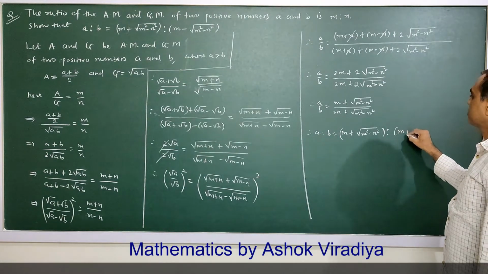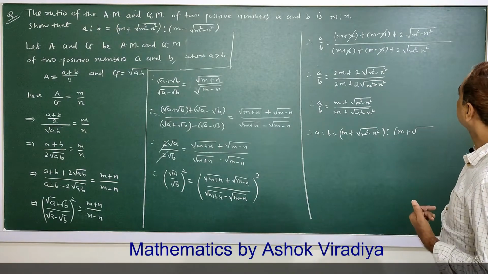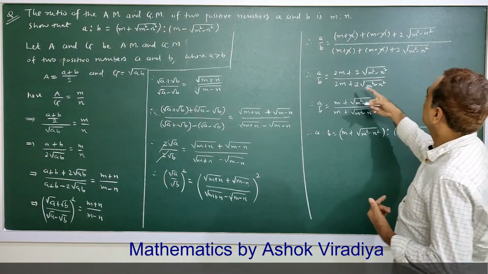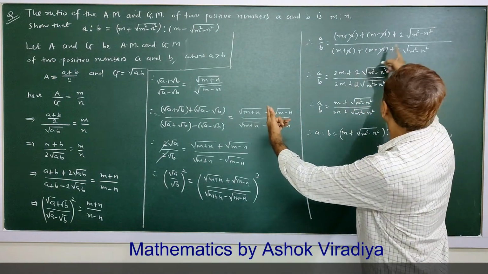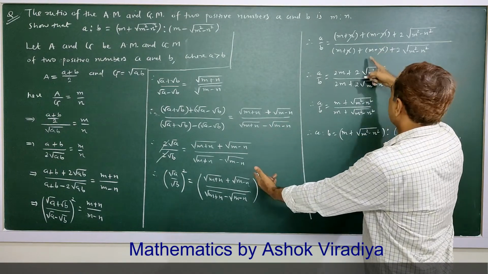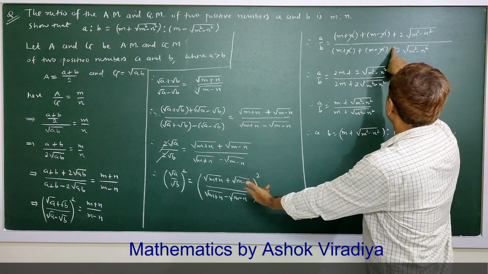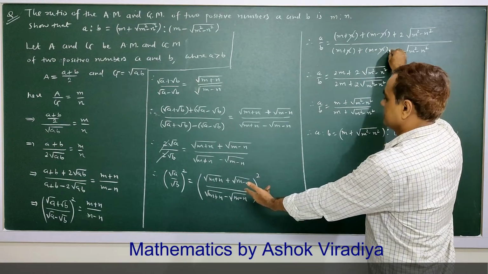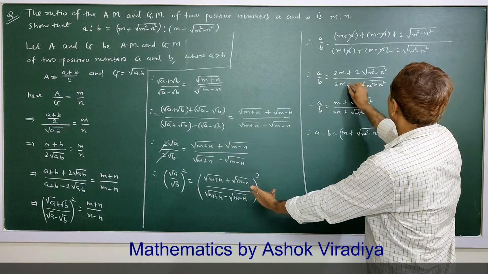m plus root, say here I think I made a mistake, this is m minus n, m minus n, m plus n, m minus n, this sign is minus, the middle term is negative, so here we have to put minus.